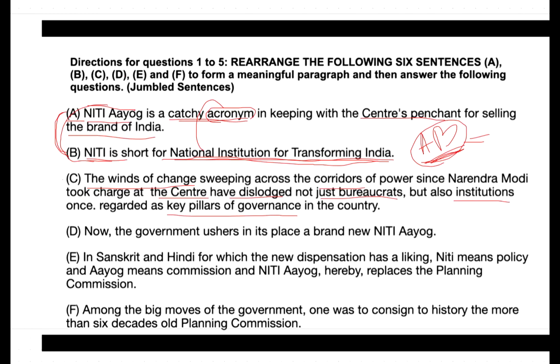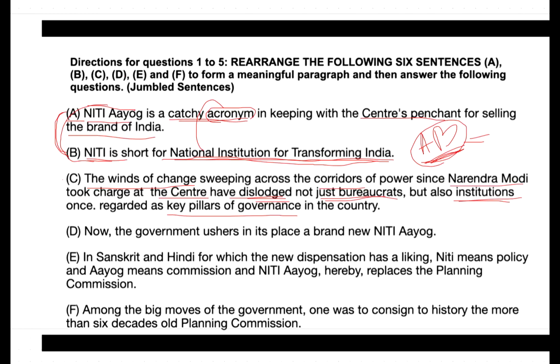Now, if you observe, option C doesn't talk about anything related to Niti Aayog, but it states that since Narendra Modi took charge at the center, it has dislodged not just bureaucrats but also institutions, right? So it means Narendra Modi brought change and dislodged, which means change to not just bureaucrats but also institutions.